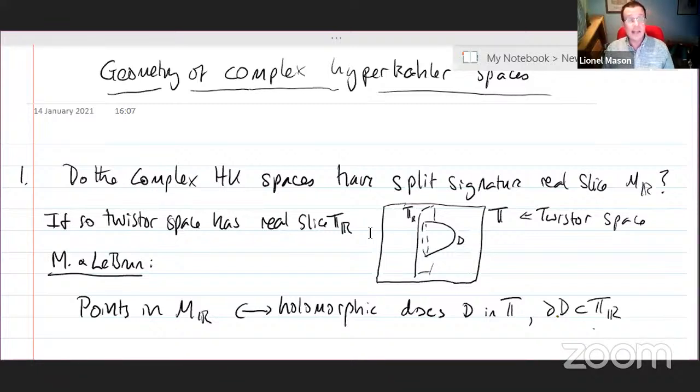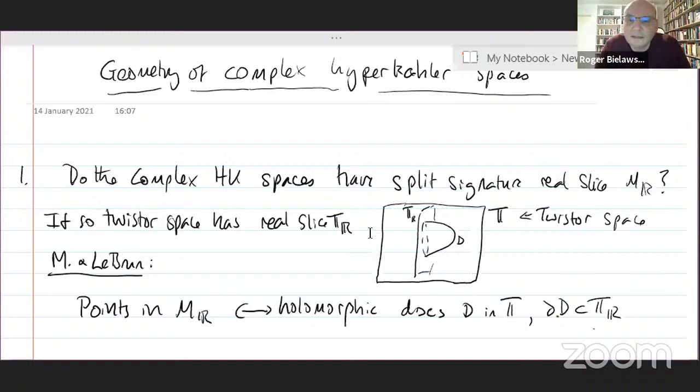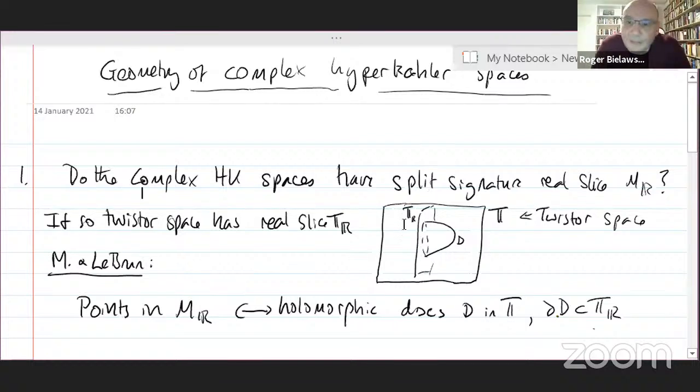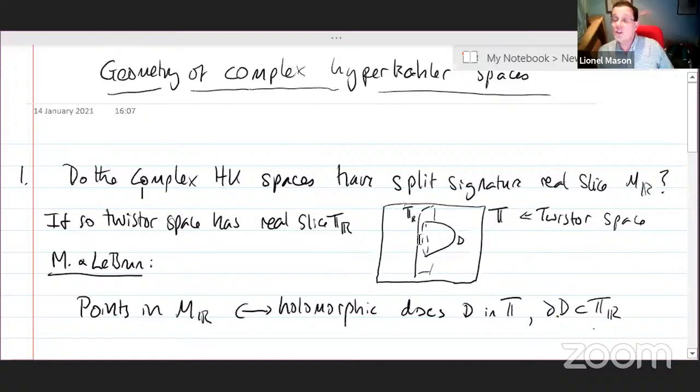Sorry, can I interrupt for a second? If you take this real slice, then the twistor space is the same, no? It has a fixed point of the involution, if that's what you mean. Yeah. If you have a Euclidean reality structure, then the complex conjugation has no fixed points.